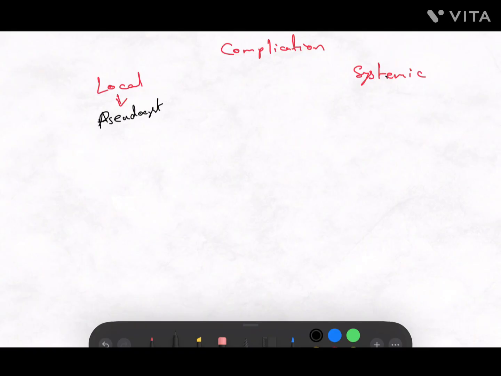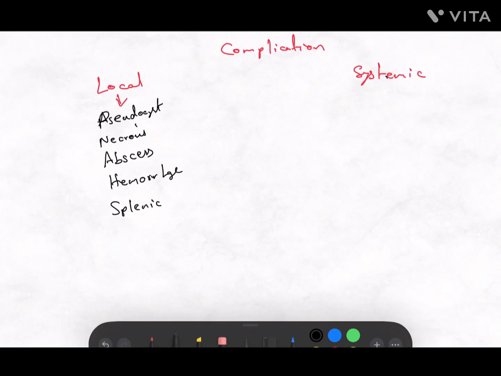Okay. So next we can see some complications of pancreatitis. The complications are first local, another systemic. In local, we can see pseudocyst, necrosis, abscess and hemorrhage, and splenic vein thrombosis.